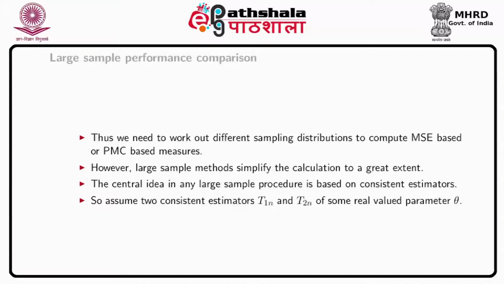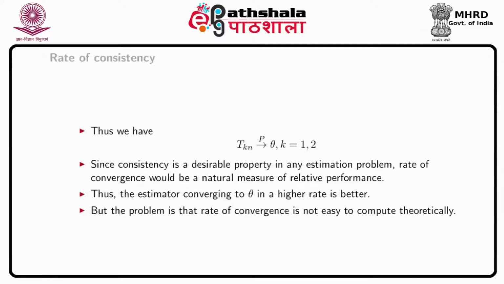Since consistency is a desirable property for any estimation problem, rate of convergence would be a natural measure of relative efficiency. Thus, the estimator converging to theta at a higher rate is better. But the problem is that the rate of convergence is not easy to compute theoretically.